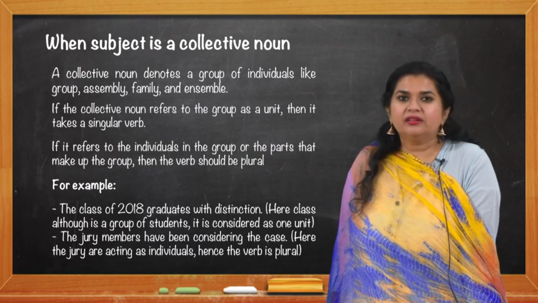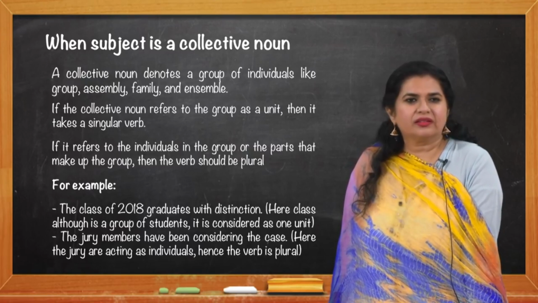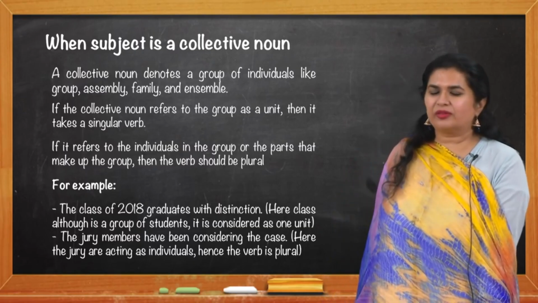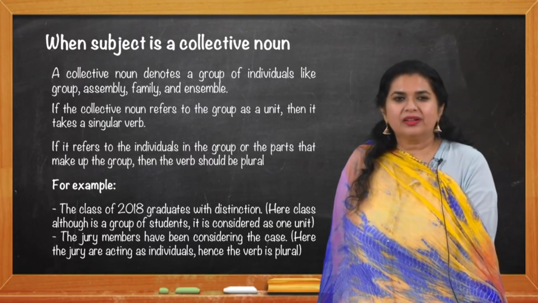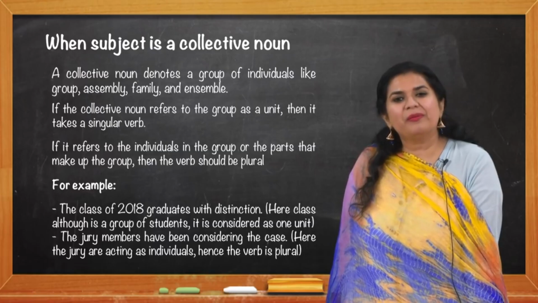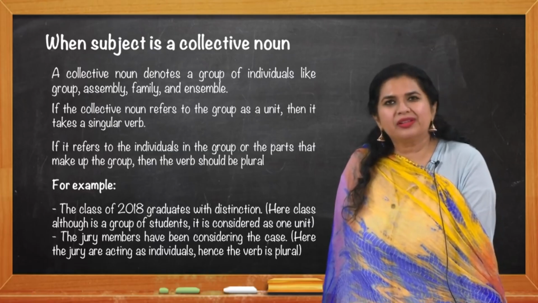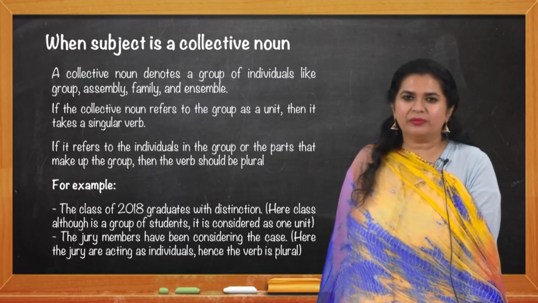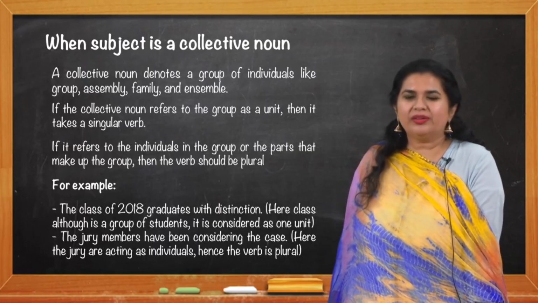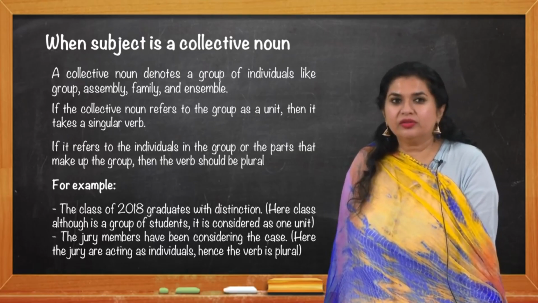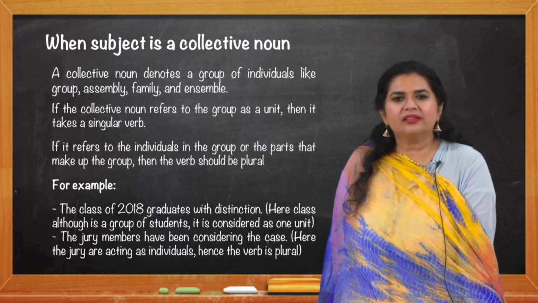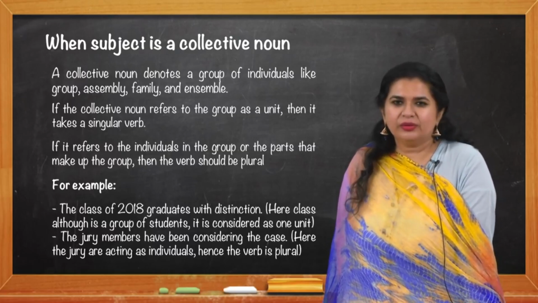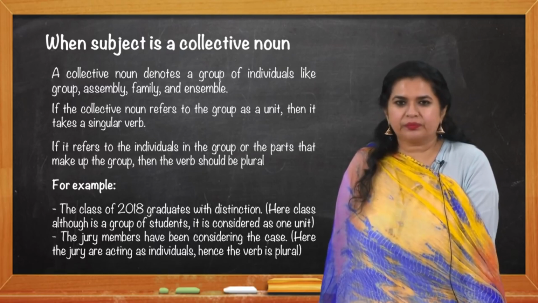But you can also say the jury is considering the case; here we are saying jury members have. So, when we are referring to members, naturally the verb becomes plural, agreeing with the plural subject. The jury is out there. Although the jury comprises several people, here it is functioning as a single unit, a collective noun.